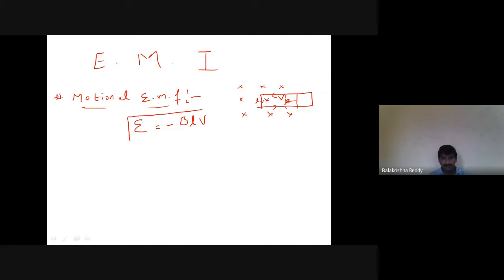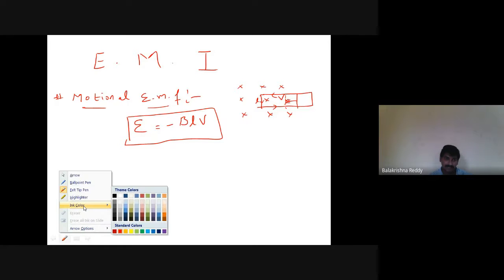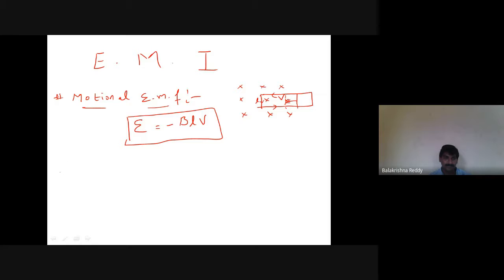Now, let us see the same motional EMF in rotational motion, if you take it. Rotational motion in the sense, let us say a rod is rotating in the magnetic field, right? When a rod is rotating, which is having the radius capital R, and rotating in the magnetic field in circular form.